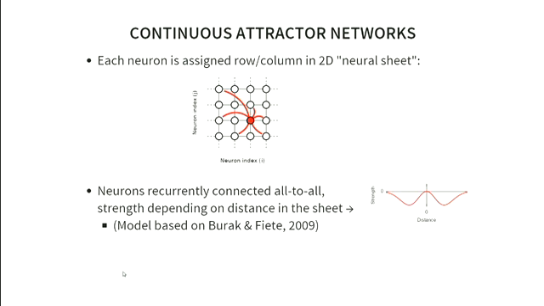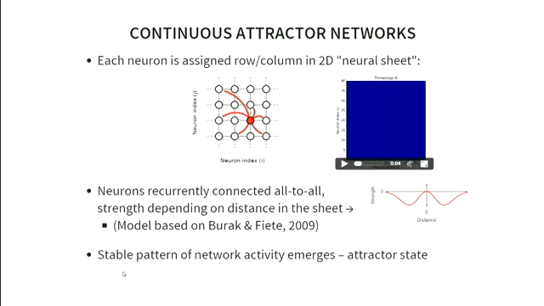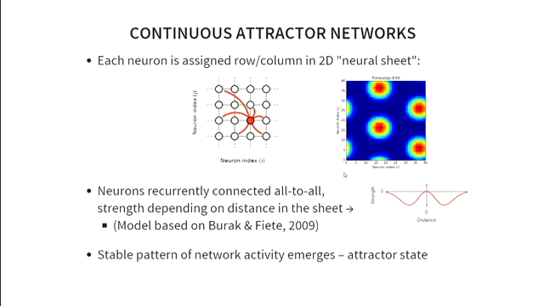However, neurons that are located in a band at a certain radius around the receiving neuron will send strong inhibitory inputs to the neuron. So the consequence of this setup is that the network activity will settle into certain attractor states when we simulate this. So we see an example here. We see the two-dimensional neural sheet represented as a matrix.